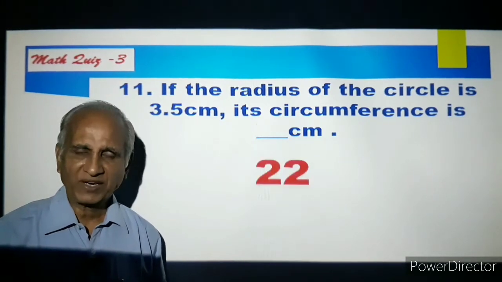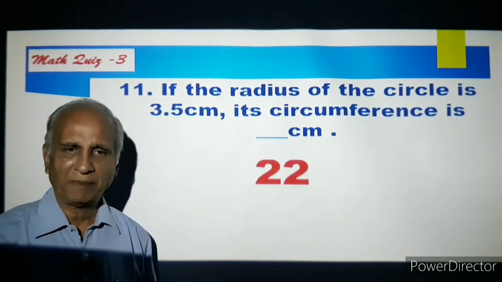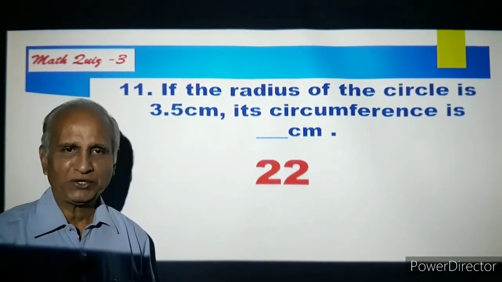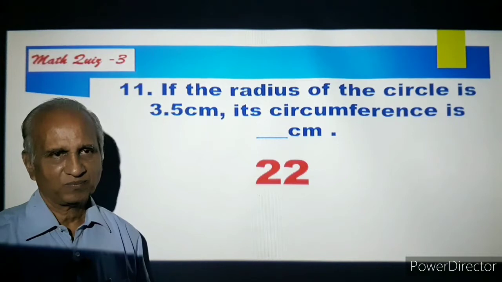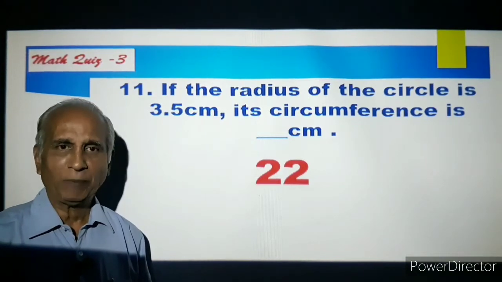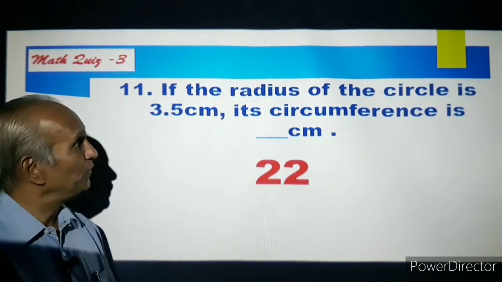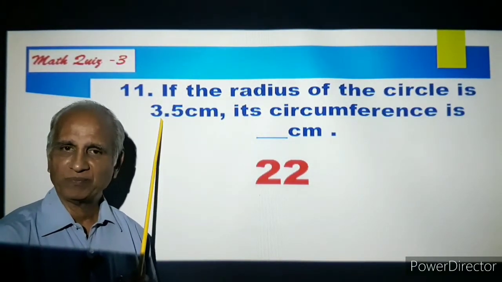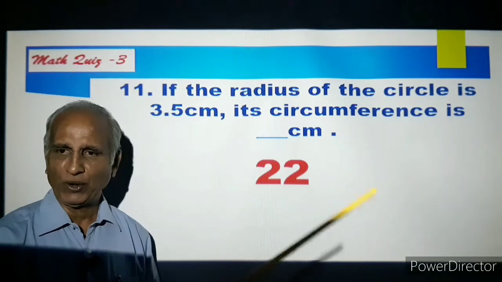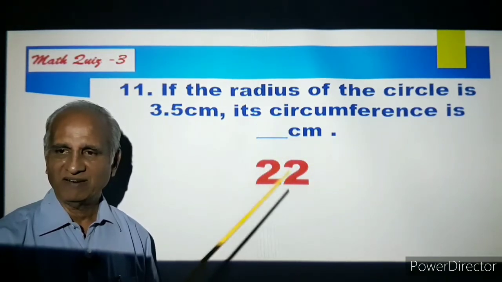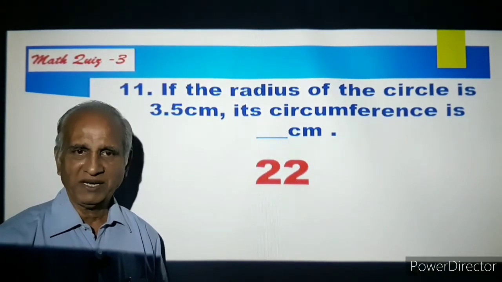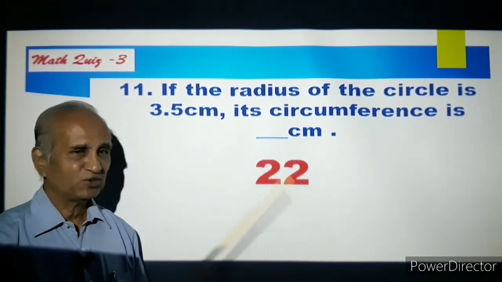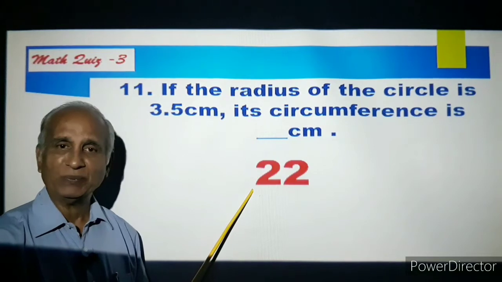We get the circumference by applying the formula 2 pi r. 2 into pi into r. 2 into 22 by 7 into r. r is 3.5. In the numerator you have 2, you have 3.5. Multiply, it becomes 7. In the denominator you have 7, 22 over 7. 7, 7 cancelled. So the answer is 22.